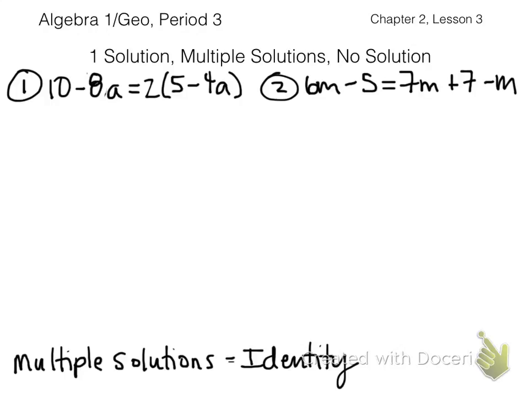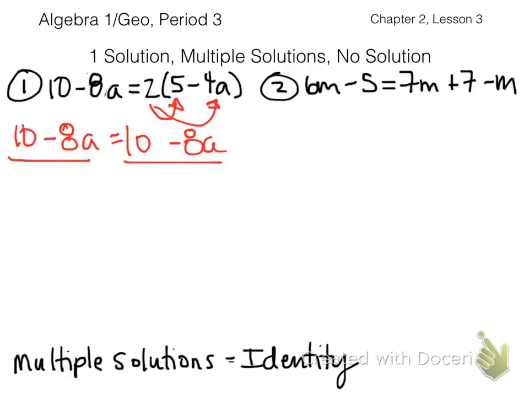When an equation has multiple solutions, we say it's an identity. Any number that we replace the variable with in all places of that variable for that equation is going to give a true statement no matter what. So let's go ahead and do the first one. I'm going to distribute the 2. I'm going to have 10 minus 8a is equal to 10 minus 8a. And guess what? Does this equal that?